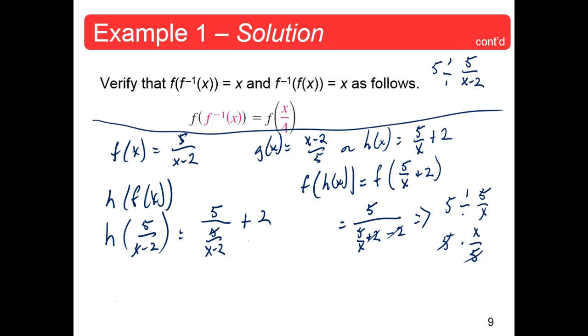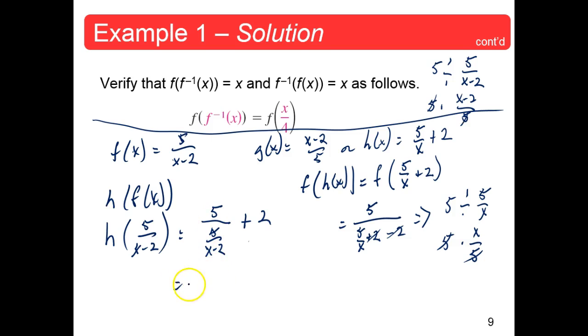How do we divide that? 5 times x minus 2 over 5, multiplied by the reciprocal. Absolutely right. The 5s now cancel out, and that leaves us with x minus 2.